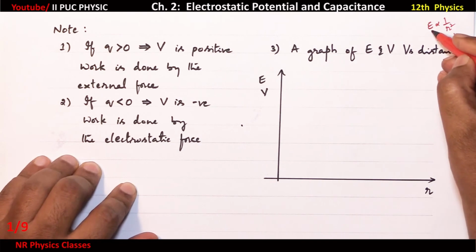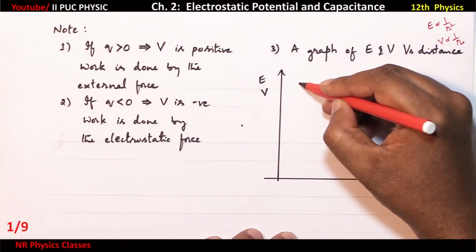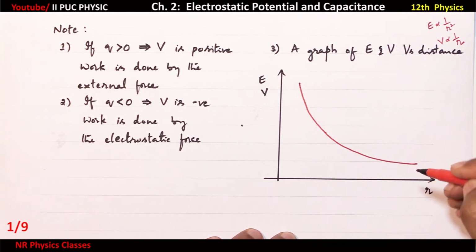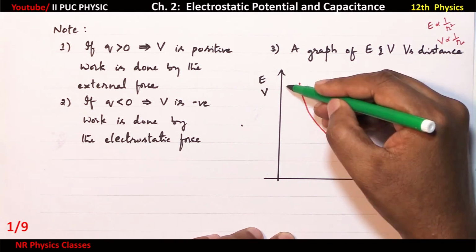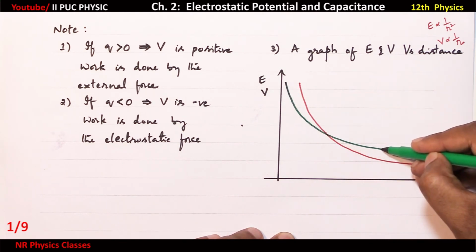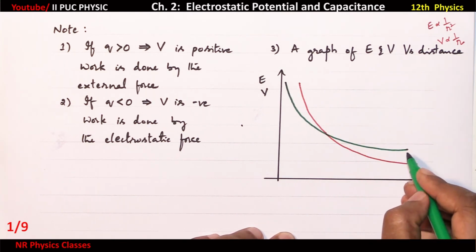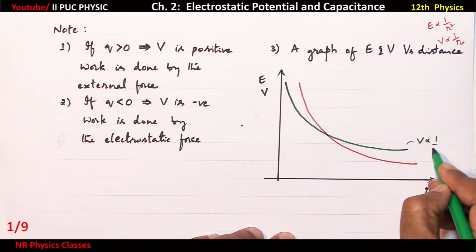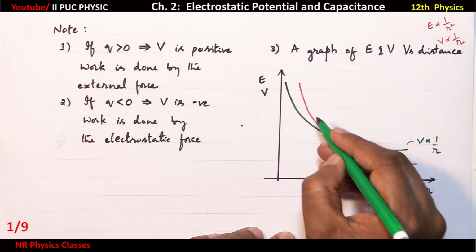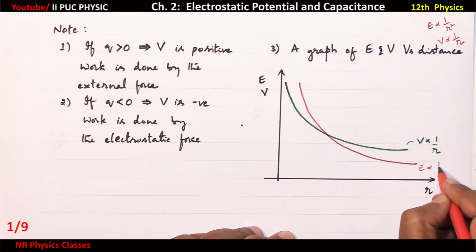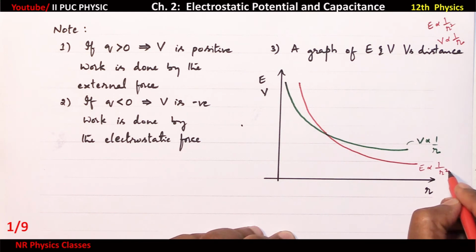Therefore, electric field should be steeper. If this is electric field, then this is electric potential. This electric potential V is proportional to 1 by r, whereas this is electric field. Electric field is proportional to 1 by r square.